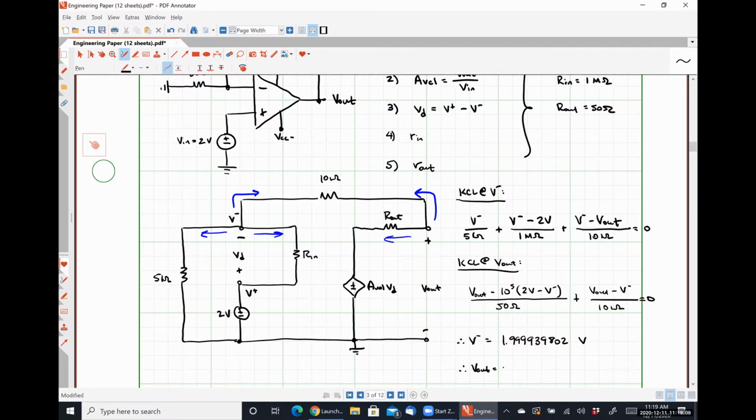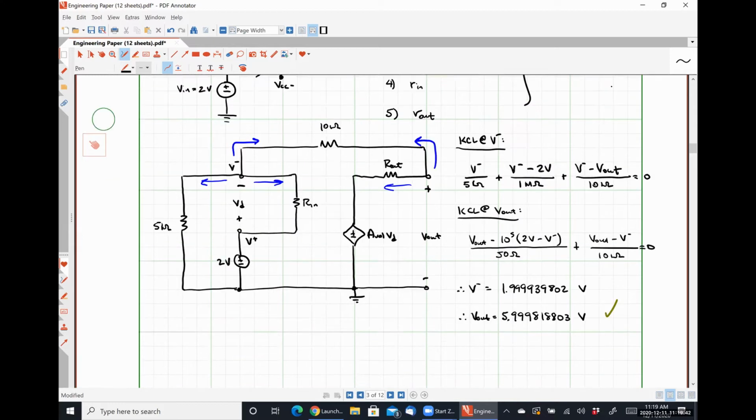And our output voltage is 5.999818803 volts. So we've answered the first of our 5 questions. What's the output voltage? Something really dang close to 6, right? 5.998 volts. So that's one thing taken care of.